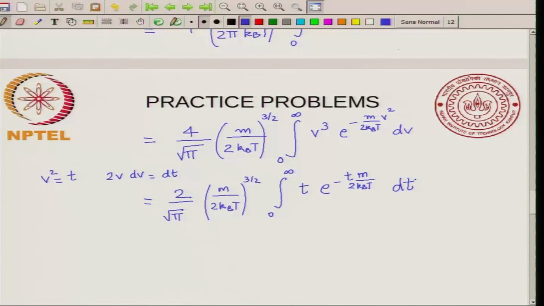So, this is what the expression looks like, and now you can do this integral by integrating by parts.